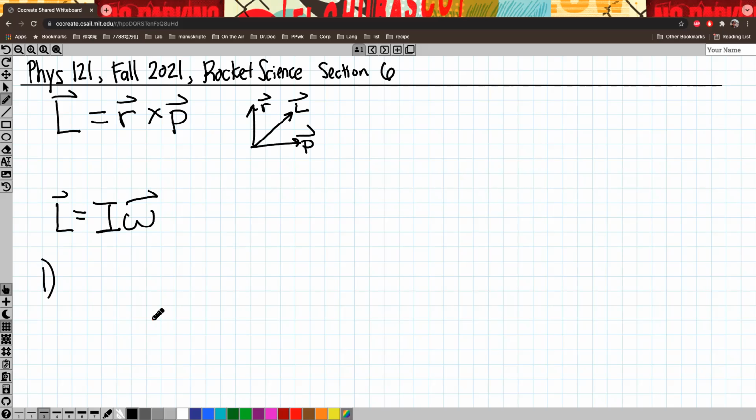I just gotta write a few more things down. All right. What's the direction of L in the limit that the rotation angle approaches 0?